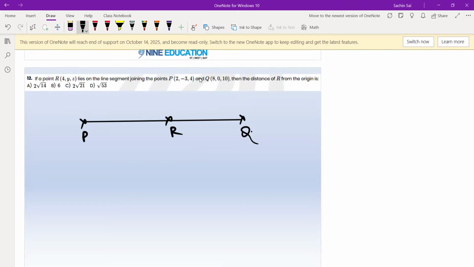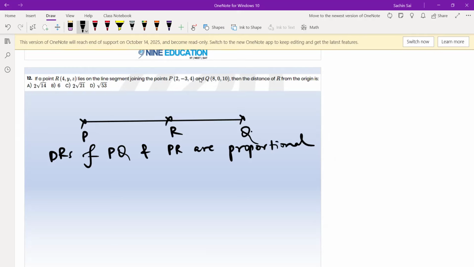And what is the condition for three points to be collinear? It is that the direction ratios of PQ and PR are proportional, right? Here, if I take the direction ratios of PQ or of PR, they should be proportional.